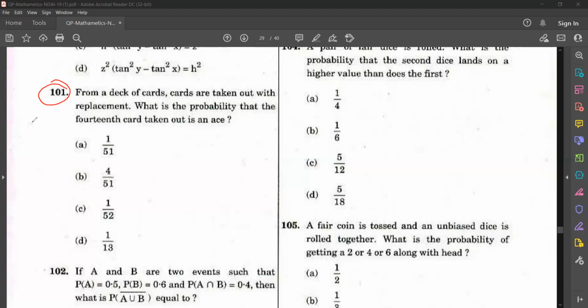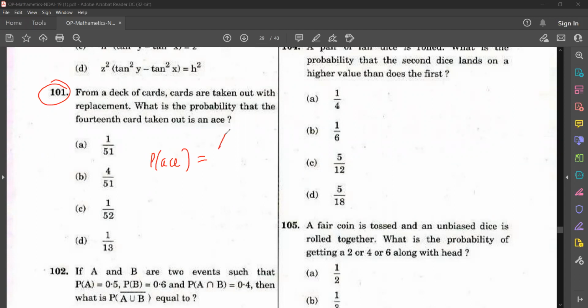Have you got the answer? What is the answer you're getting? Easy now. See, we are taking a card out, then putting it back, with replacement, then repeating again and again. They have not told how many times we are doing that. Then anytime we take an ace out, what will be the probability of ace? How many aces are there?